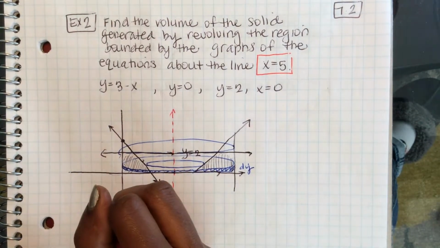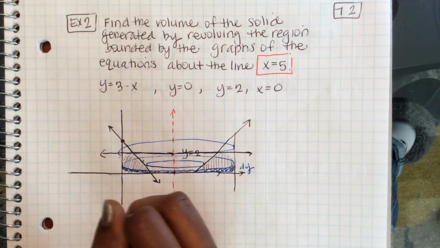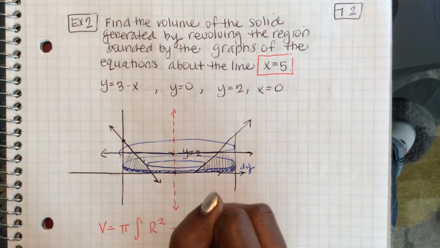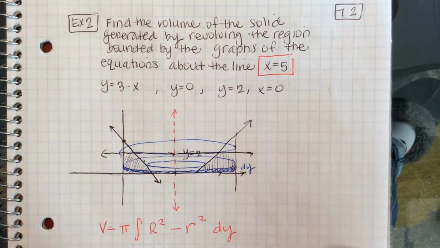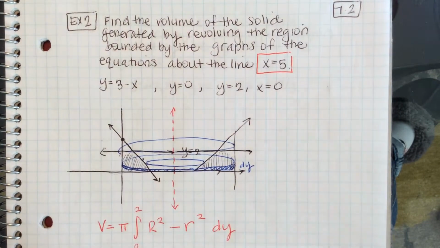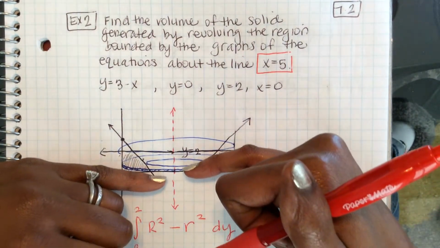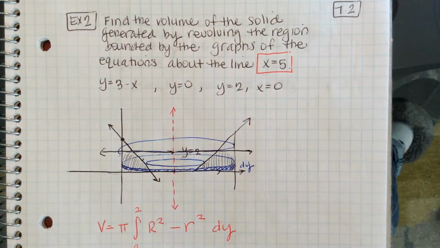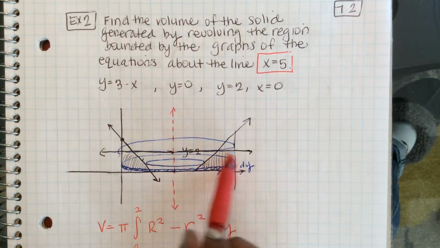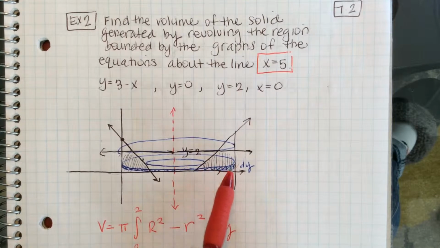So remember, volume of a washer is pi times the integral of big R squared minus little r squared dy. And this is going to be from 0 to 2 in terms of y, if I fill those up infinitely from 0 to 2. So my big radius, right? Remember, over here is my reflection. That is not my function.